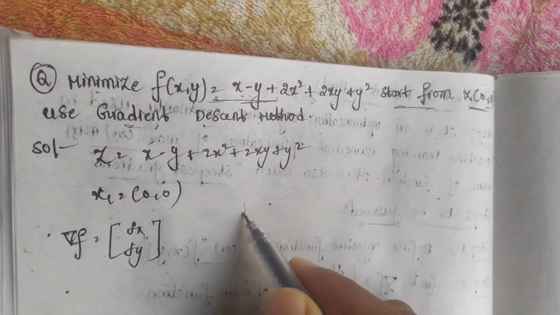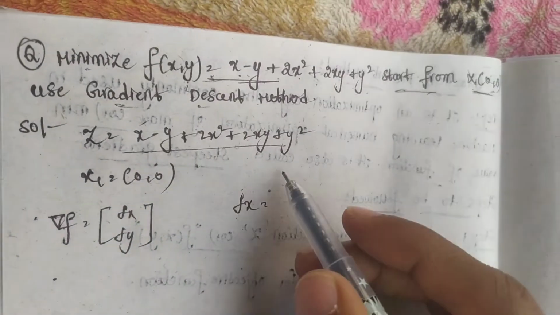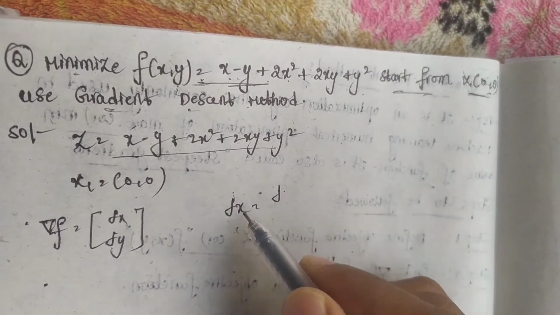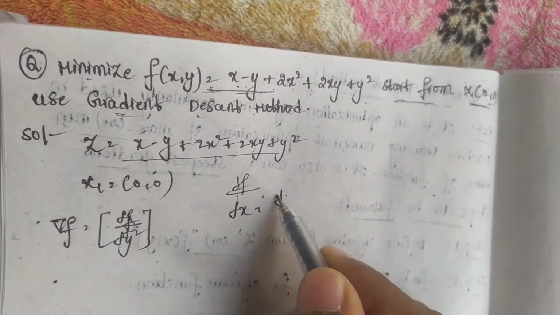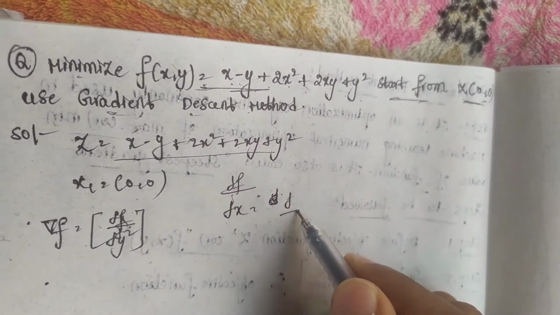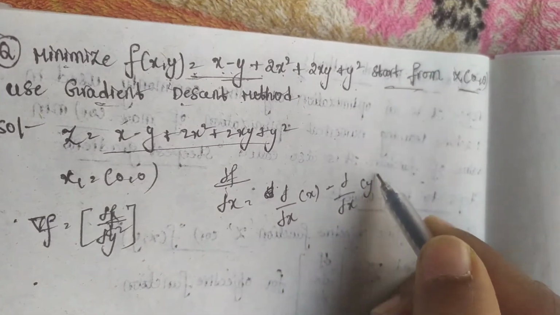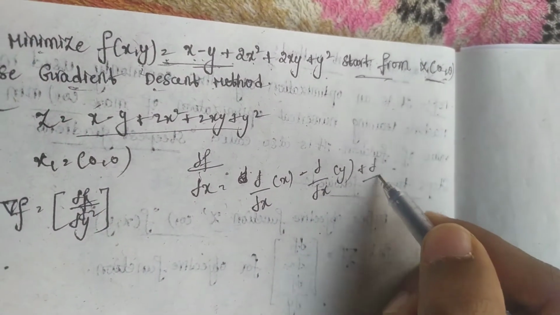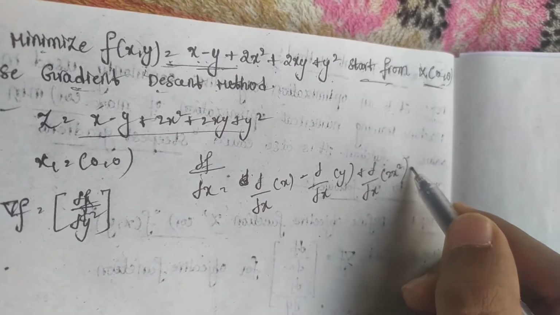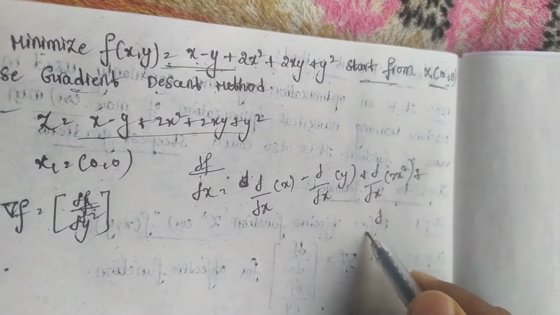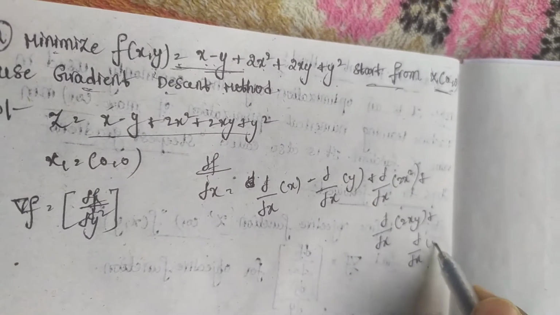Here dou x means we have to differentiate this function with x, that is dou f by dou x, that is dou by dou x of x minus dou by dou x of y plus dou by dou x of 2x square plus dou by dou x of 2xy plus dou by dou x of y square.